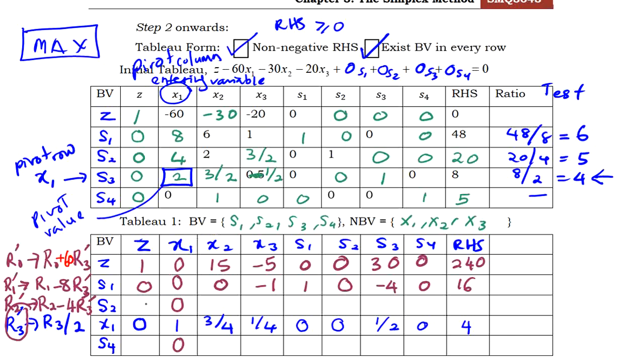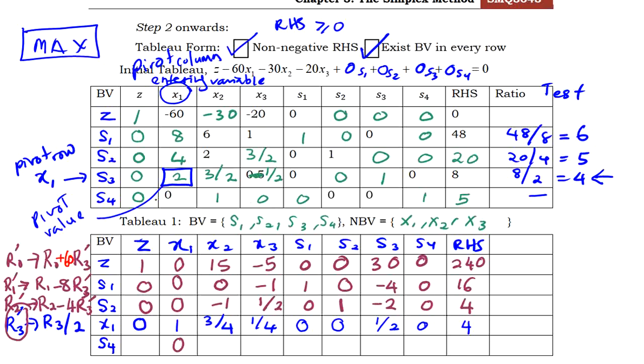So we get 0, 0, negative 1, 1 over 2, 0, 1, negative 2, 0 and 4.